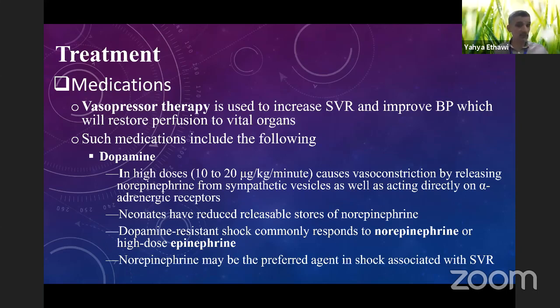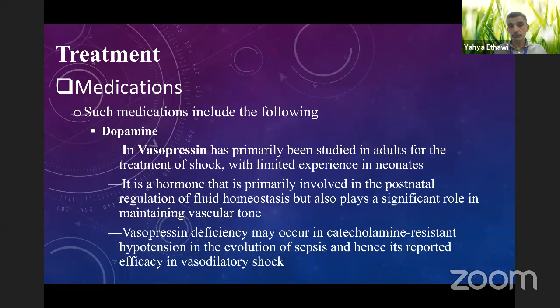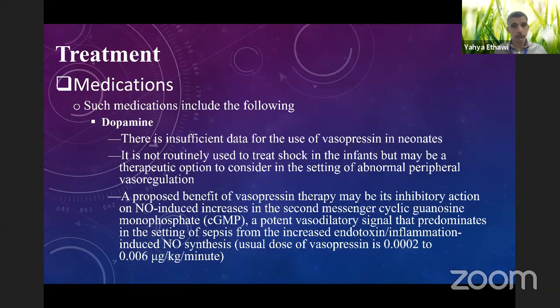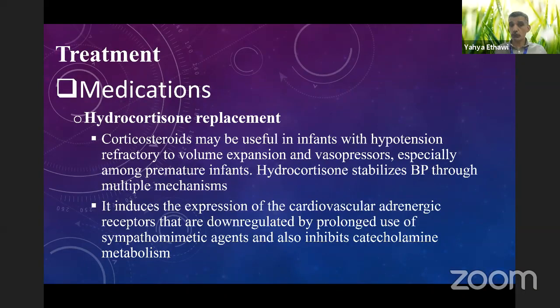And if it's the heart, then epinephrine is better. So it's vital to remember the side effects when you use dopamine. Okay. Hydrocortisone, when I use it, is in unresponsive shock, resistant shock.